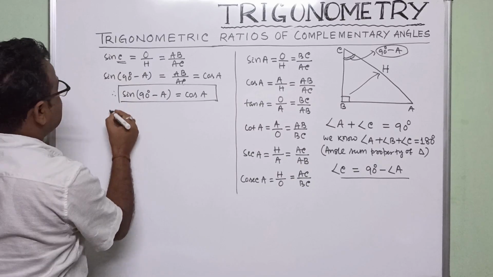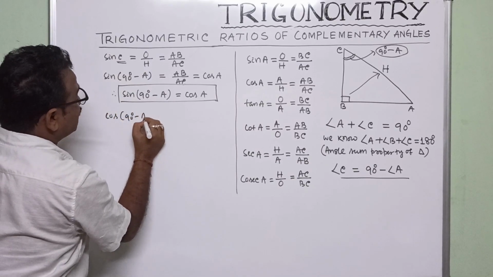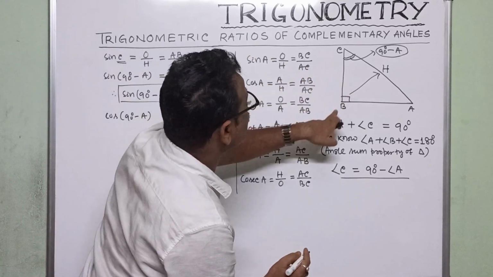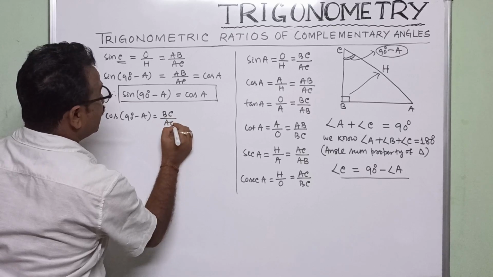Now come to the next part. Cos 90 minus A, that means cos C, is equal to BC by AC.